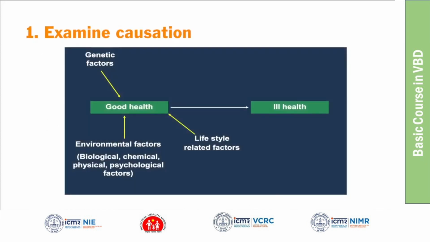This diagram that you see on the screen is an oversimplification of how we examine causation in epidemiology. What I have given here is to answer the question why a particular individual having good health to begin with suddenly is suffering from ill health. So why does a good health individual become ill or diseased?